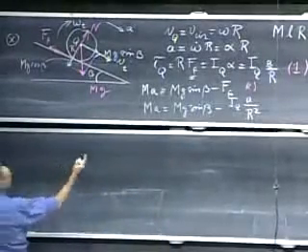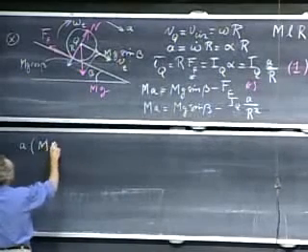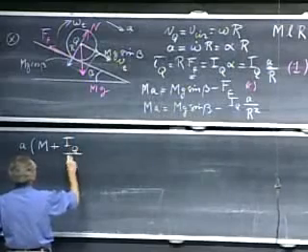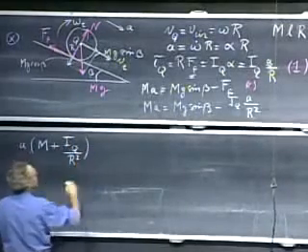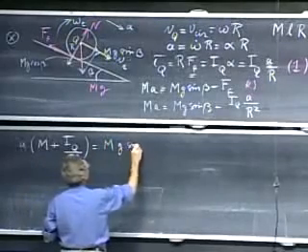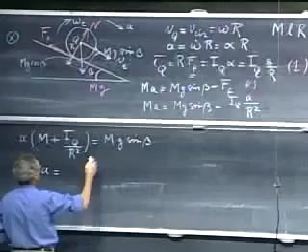So I bring the A's to one side, so I get A times m plus moment of inertia divided by R squared equals mg sine beta. And for A, I'll multiply both sides with R squared.